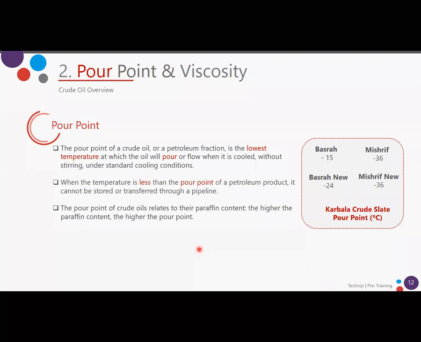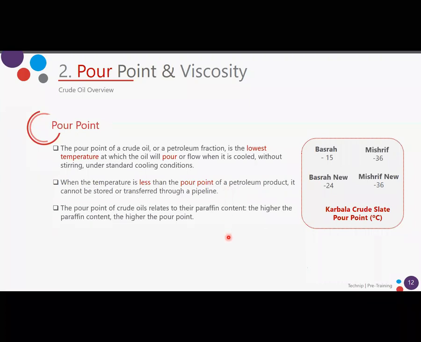The pour point of a crude oil or a petroleum fraction is the lowest temperature at which the oil will pour or flow when it is cooled without stirring under standard cooling conditions. When the temperature is less than the pour point of a petroleum product, it cannot be stored or transferred through a pipeline. So it is very good to know this temperature.